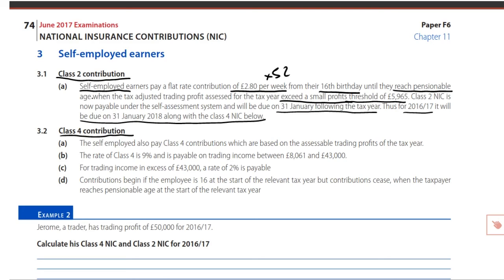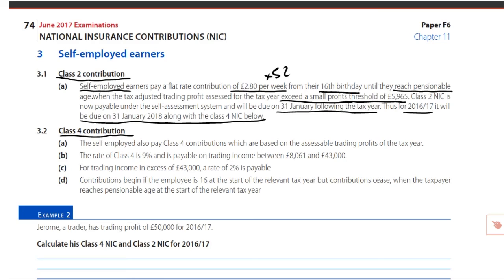If you are self-employed, then in relation to your income tax on your trading profits, and your Class 4 NIC, which we'll see in a moment, is also based on your adjusted trading profits, those amounts of tax will primarily be collected through two payments on account. One on the 31st of January in the tax year, and then a second one the following 31st of July. How that system works, however, awaits us in Chapter 15.